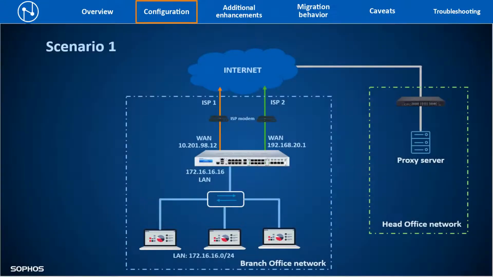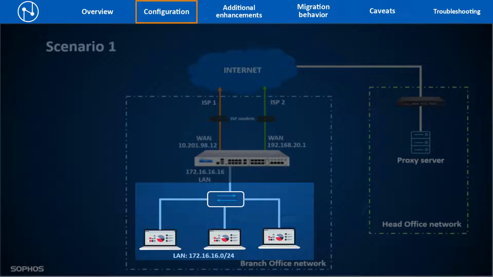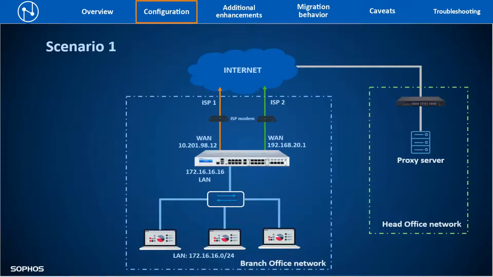This is the network diagram we are considering as an example to configure SD-WAN policy routing. As we can see, there are two active ISP links available on the branch office XG device, and the LAN users are in the 172.16.16.0/24 subnet range.